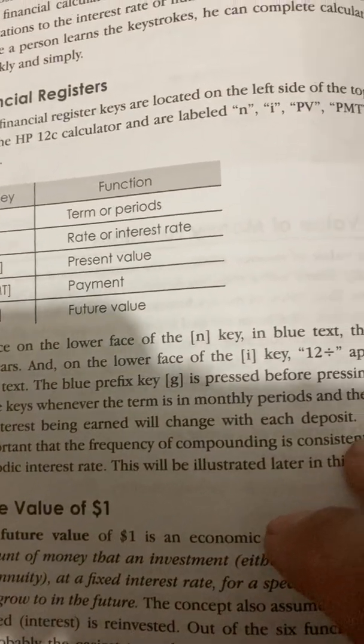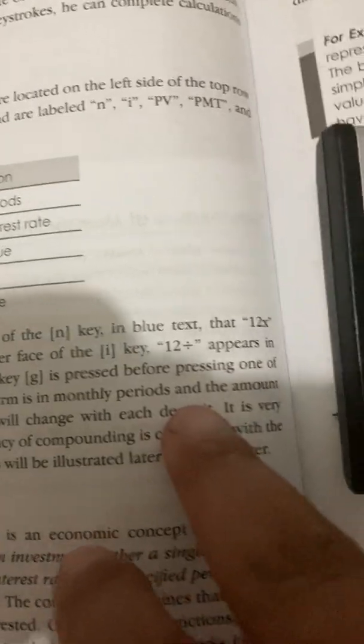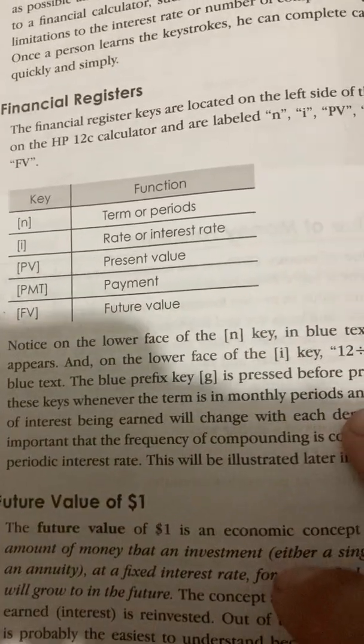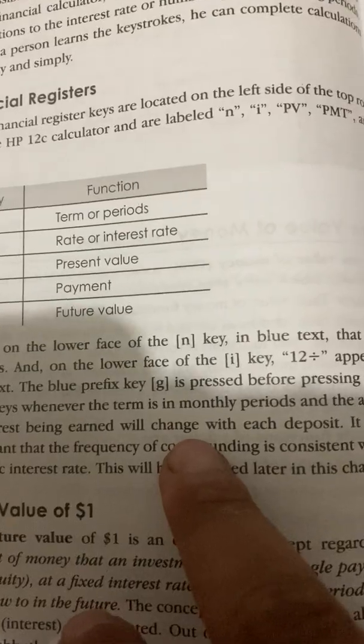The blue prefix key G is pressed before pressing one of those keys whenever the term is in monthly periods.